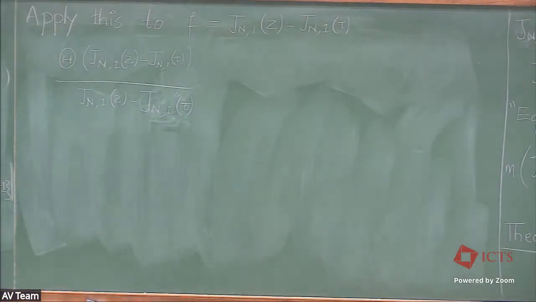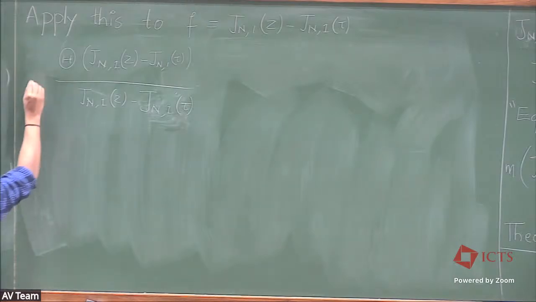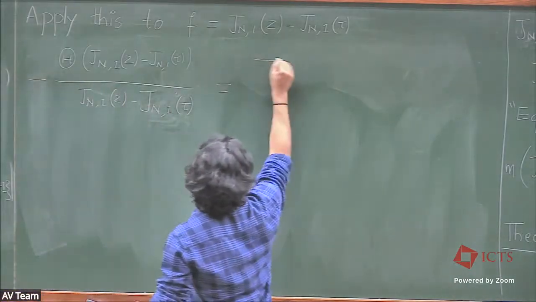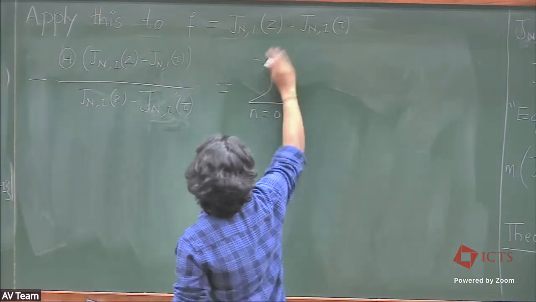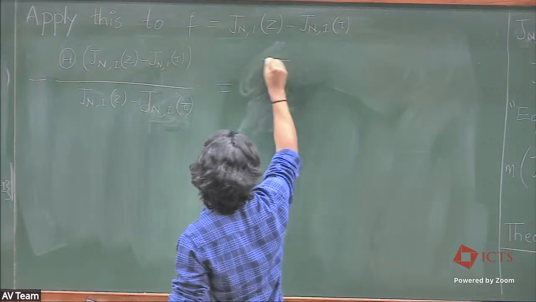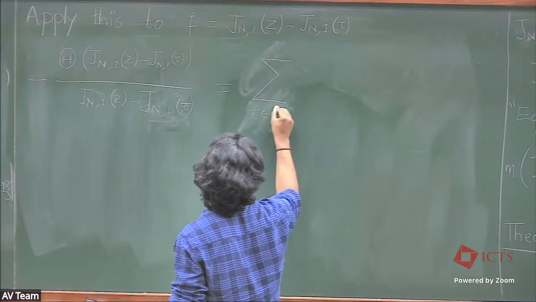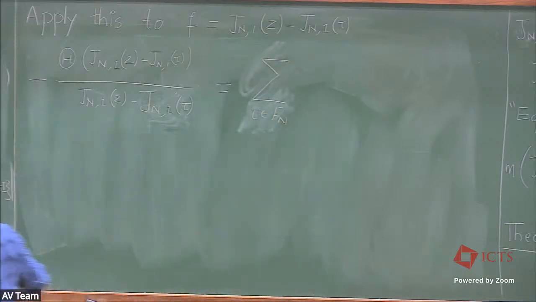This will give us this term. And because the weight is 0, this term is not there. So all I will have is this. I forgot to say that Fn here is the fundamental domain for gamma naught n.